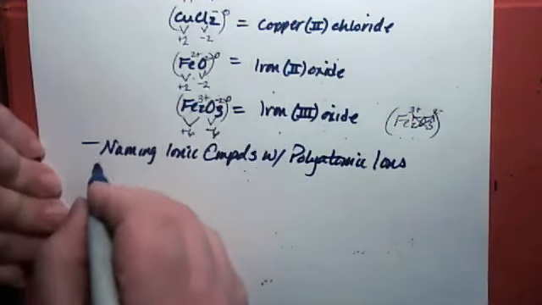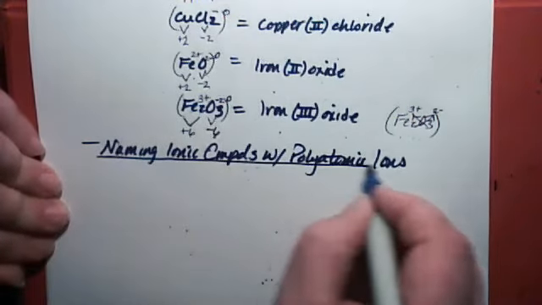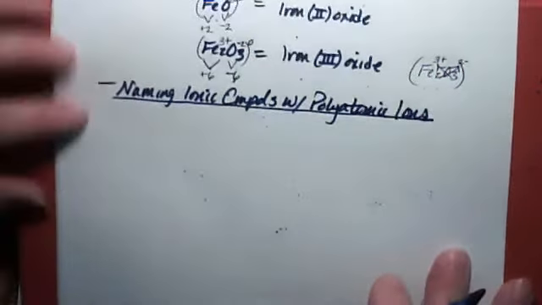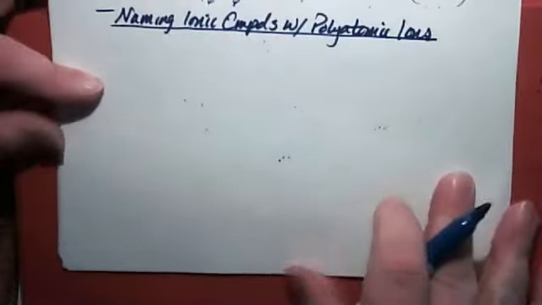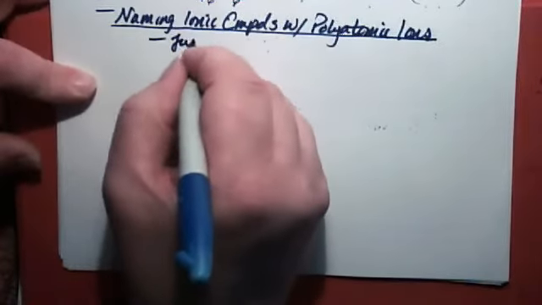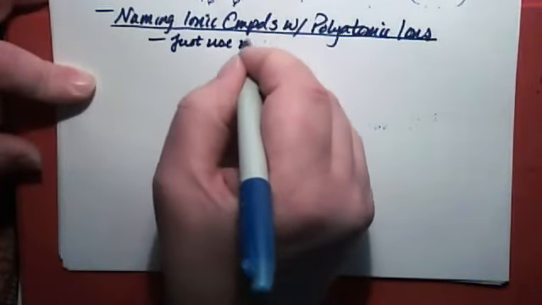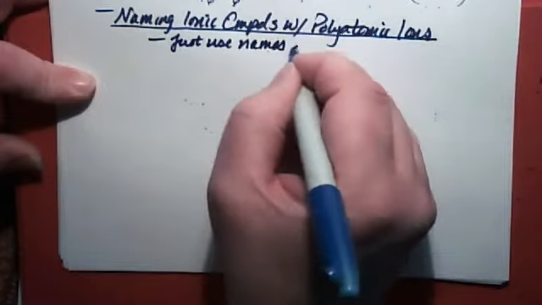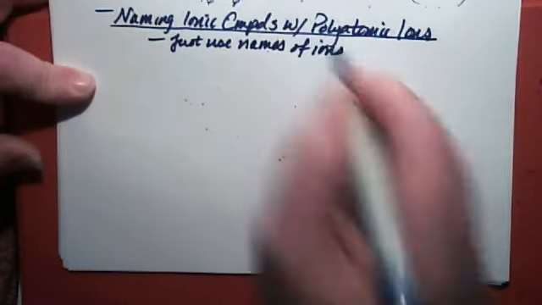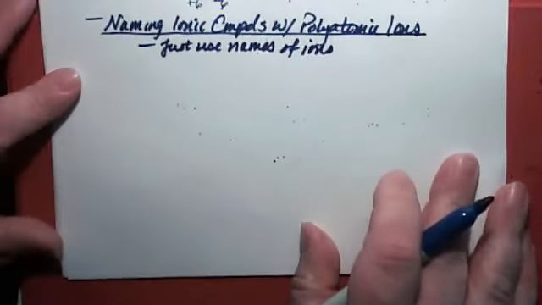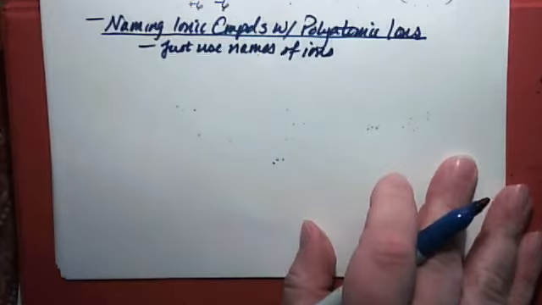And so now we come to naming ionic compounds with polyatomic ions. Well, polyatomic ions are already ions, so you don't have to worry about changing the name.